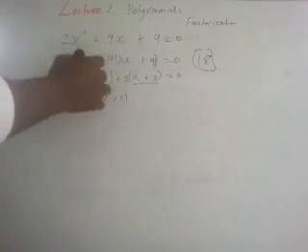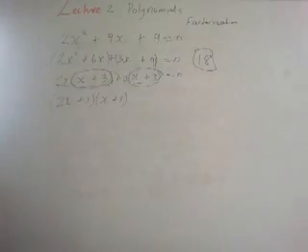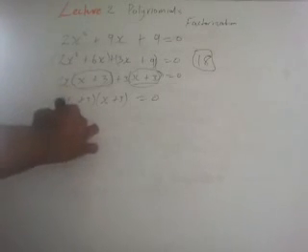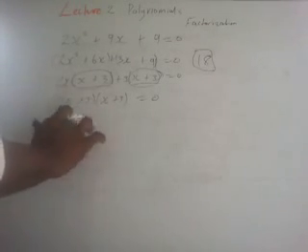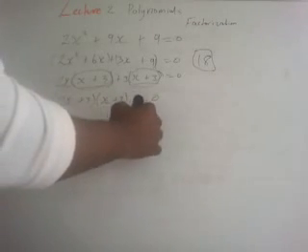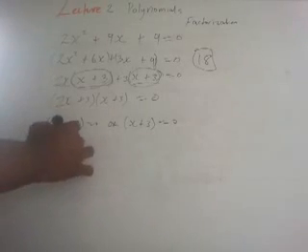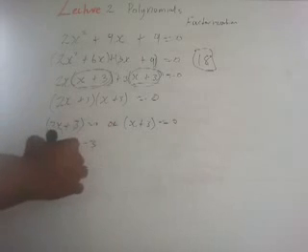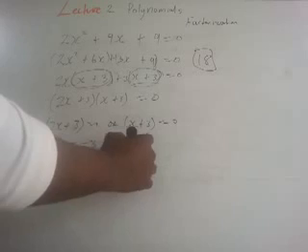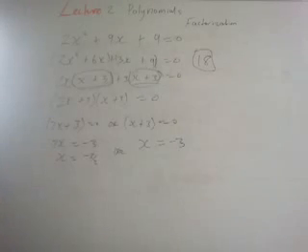We only write back one of the common terms, so we just write back only 1. Then we equate each bracket to 0. Then we solve for x. x is equal to minus 3.